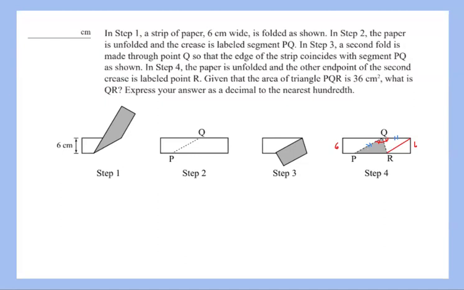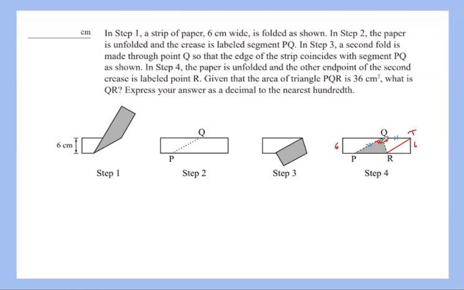The reason is that we know this segment, let's call this T, QT is congruent to QP, and QR is congruent to QR, and this angle is congruent, which means TQR is congruent to PQR by side angle side congruency. So that will make PR and RT also congruent. So we want to write that as well.